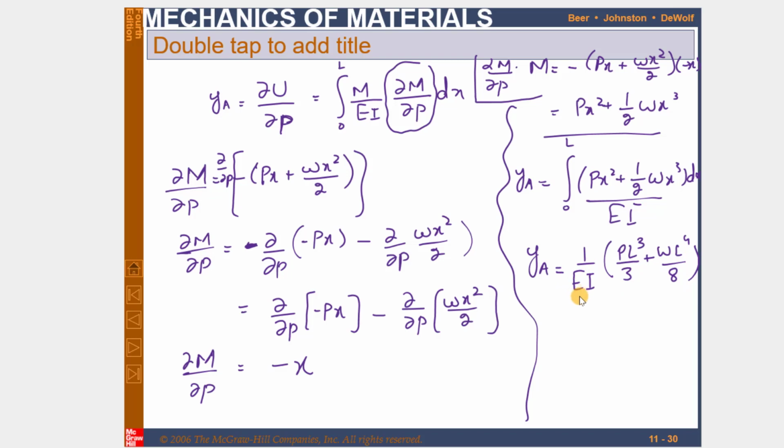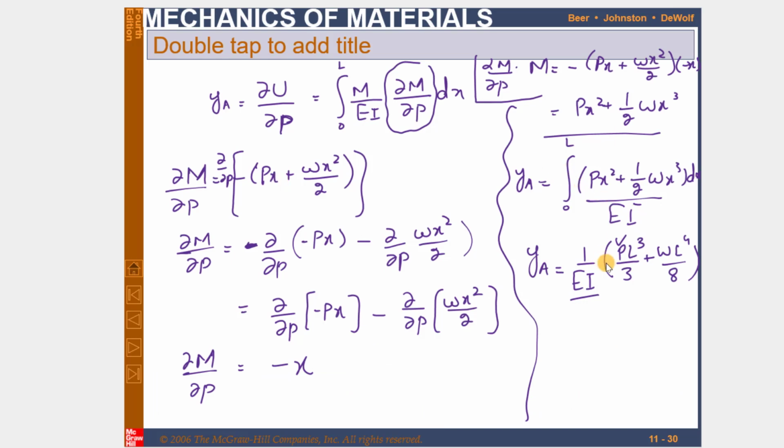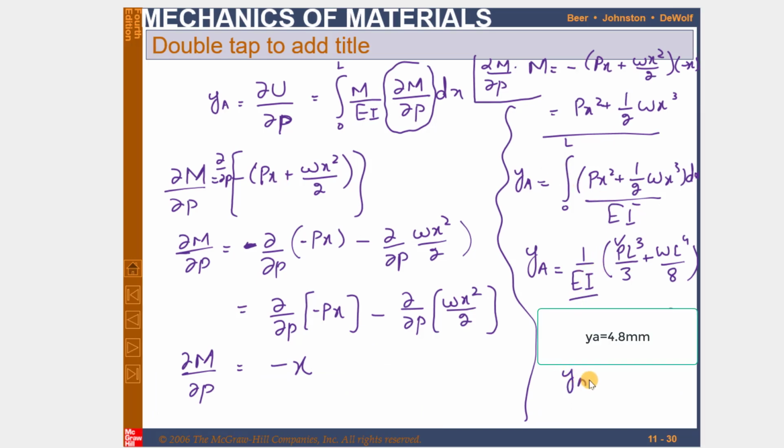Now you have the values of EI, P, L, and W that are given. You can put them in this equation. When you put them in, you will have YA is equal to 4.8 millimeter. Clear?